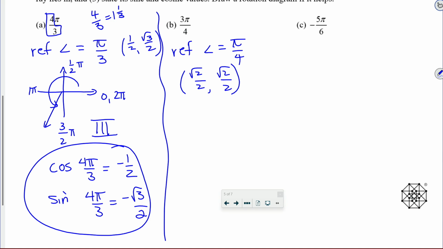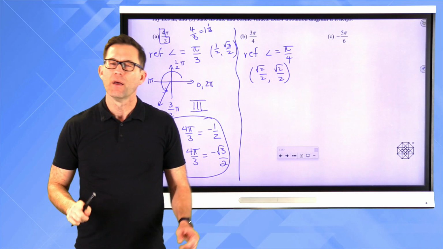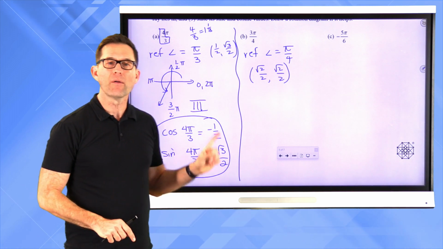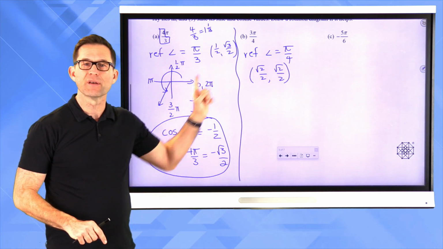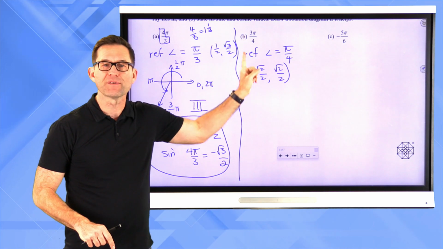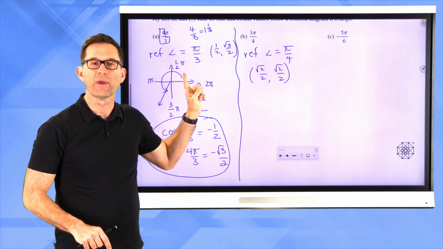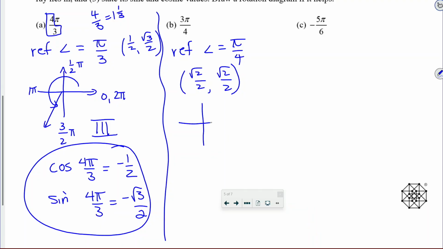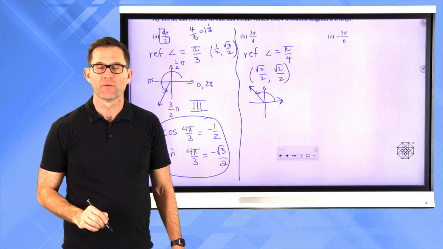It's that nice 45-45 right angle. So now I'm thinking about the angle 3 pi over 4. I'm thinking about the number 3/4, and 3/4 is between 1/2 and 1, and therefore 3 pi over 4 has a rotation diagram that kind of looks like this, right?